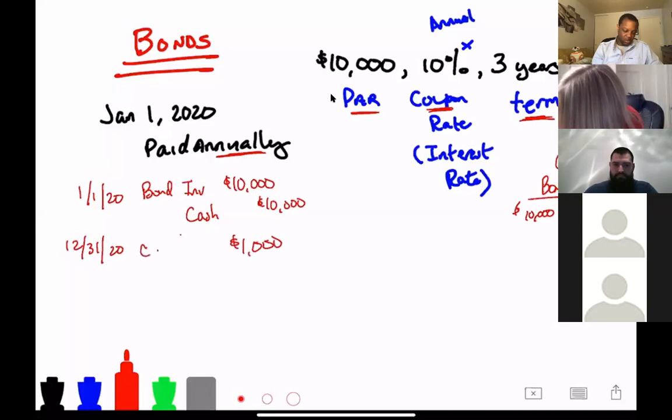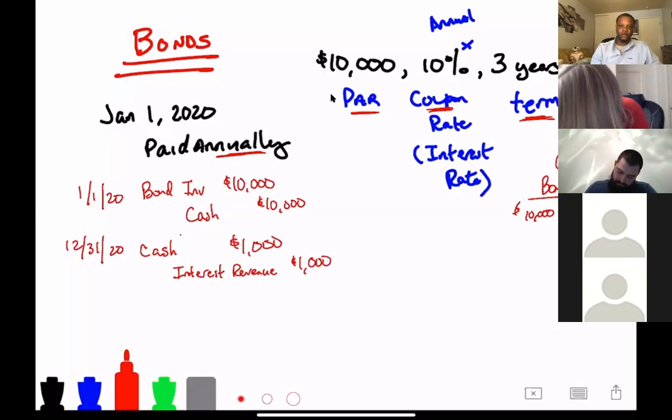We're going to get that in cold, hard cash. And our credit is going to be to interest revenue or interest income. Your book calls it interest revenue. So 1 year has passed. They still have our $10,000, because they're using it to do something. But we just got $1,000 in cash.